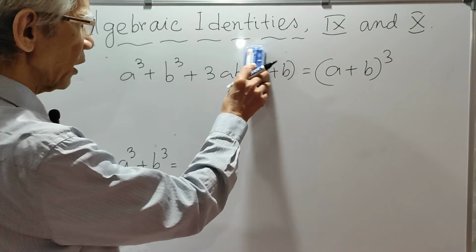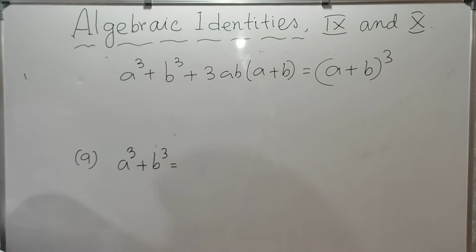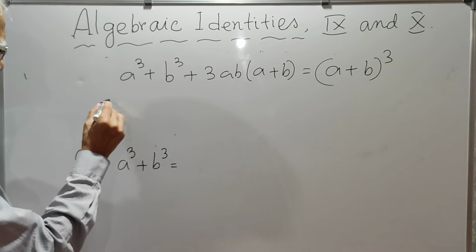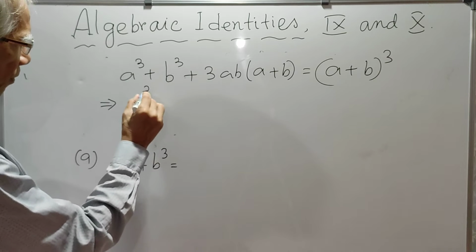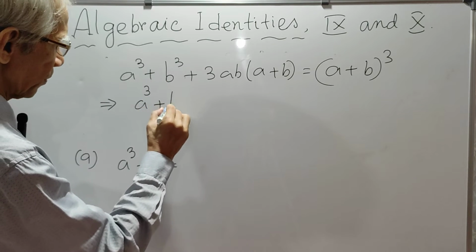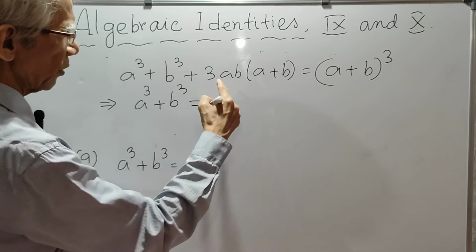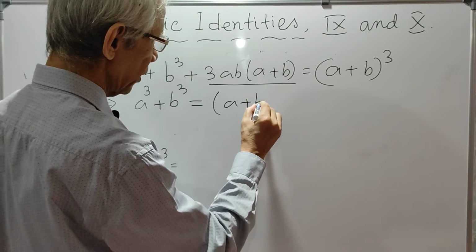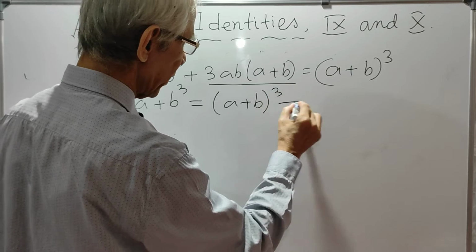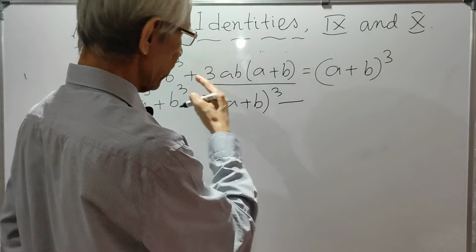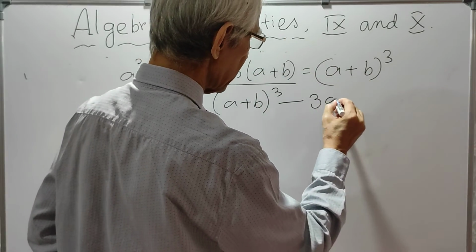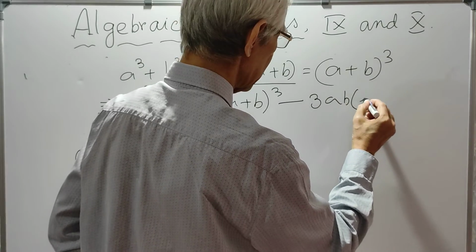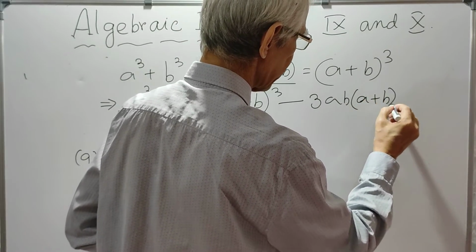Now from here we get the 9th identity. So from here what we get, you see, a^3 + b^3 equal to, now this whole thing will go to the right. That means (a+b)^3 minus, this goes to the right, this is plus, it will become minus 3ab(a+b).